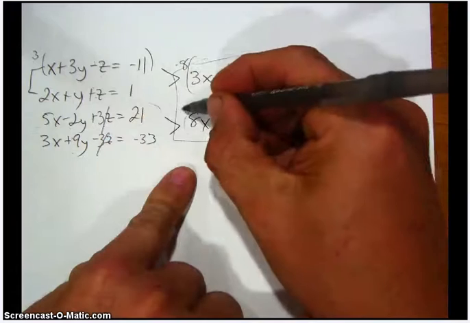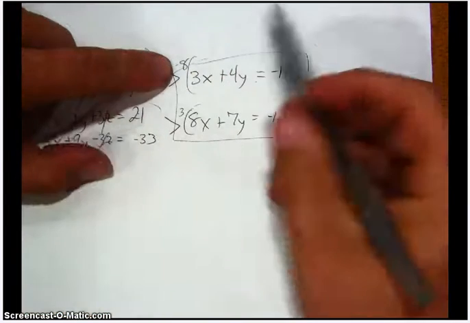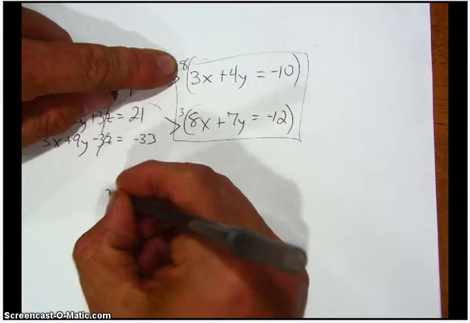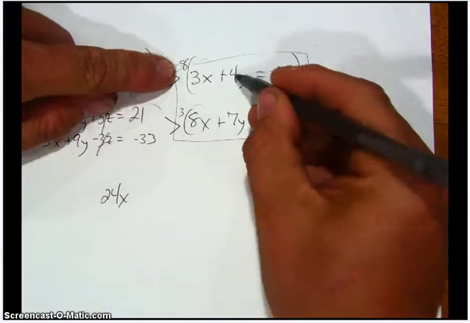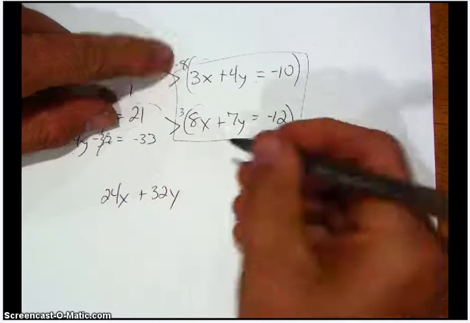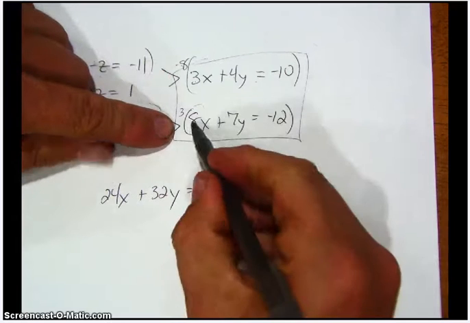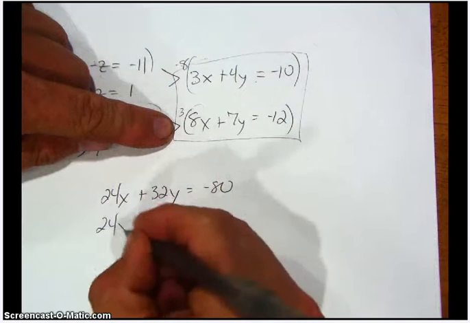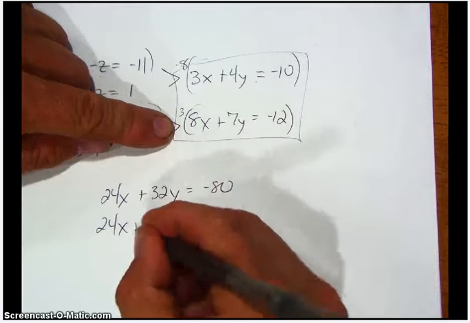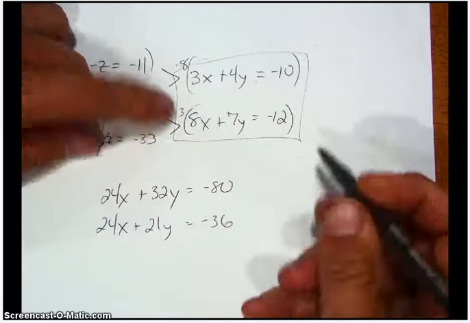So 8 times negative 3 is negative 24x, 8 times 4 is 32y, equals negative 80. Then 8 times 3 is 24x, 7 times 3 is 21y, and 12 times 3 is negative 36.